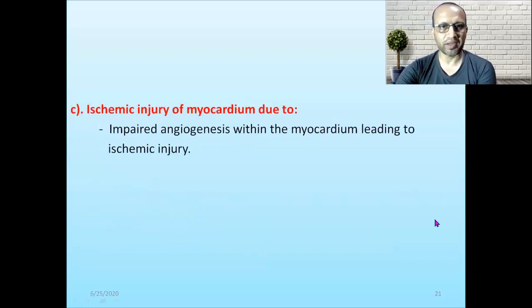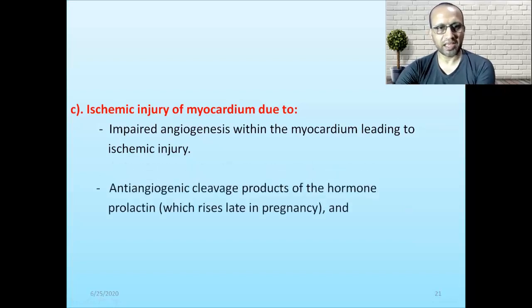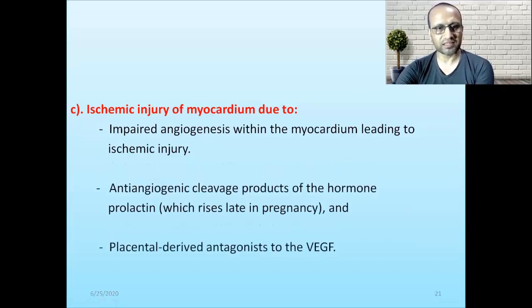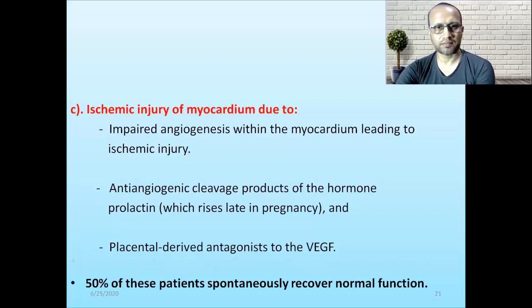Ischemic injury of myocardial cells can occur because of impaired angiogenesis, because of anti-angiogenic cleavage products of hormone prolactin, and because of placental-derived antagonists to the vascular endothelial growth factor. Fortunately, 50% of these patients recover normal function.